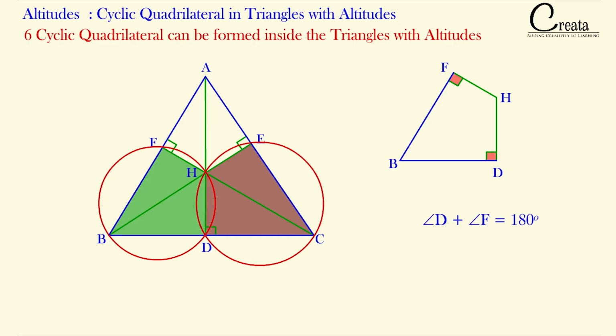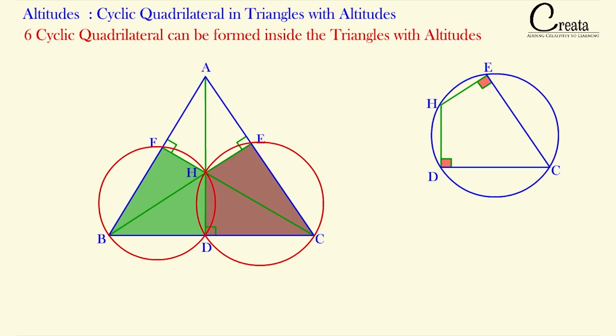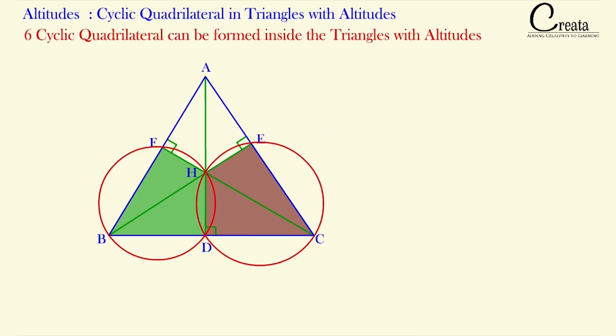That is, angle D plus angle F is equal to 180-degree. And we know the property of the cyclic quadrilateral, that is the sum of opposite angles is 180-degree. So we got BDHF as a cyclic quadrilateral. Similarly, we got DCEH also as a cyclic quadrilateral. Here angle D and angle E are 90-degree angles. So angle D plus angle E is equal to 180-degree. So both of these are cyclic quadrilaterals. This is the fundamental that we have covered in the previous lecture.